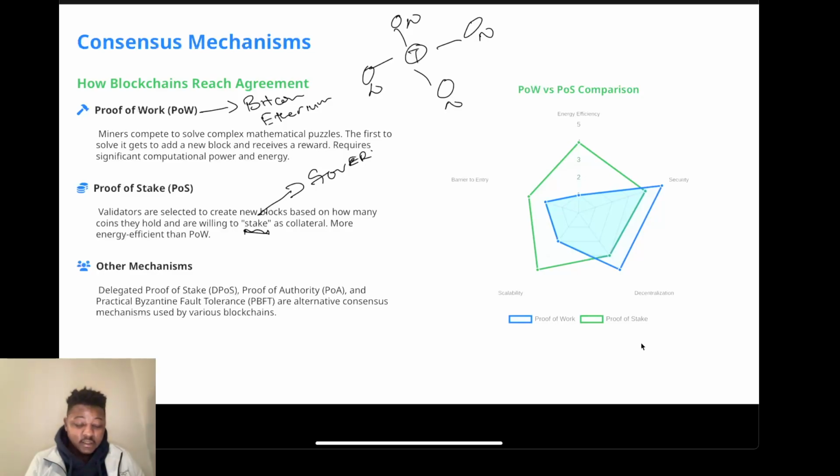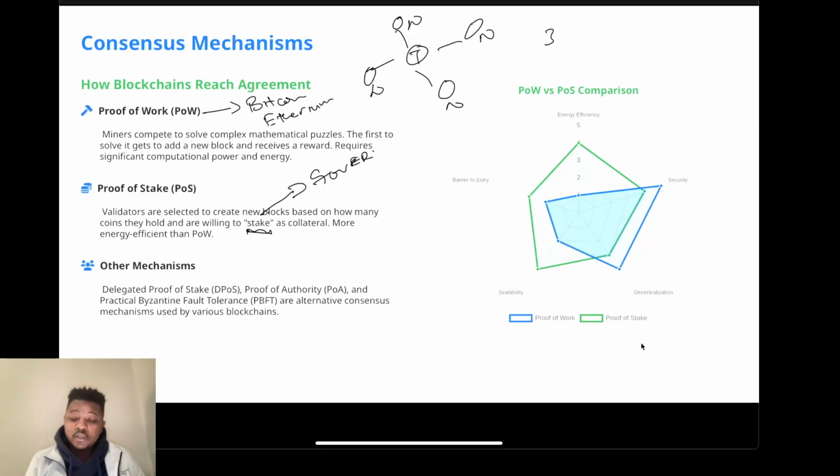Then there are other mechanisms such as delegated proof of stake, where you can delegate to someone. Let's say the network requires 32 ETH, and 32 ETH in this case is too much for you to get because of the price of ETH. You can come together, which is what we call delegation, and delegate to a stake pool operator.